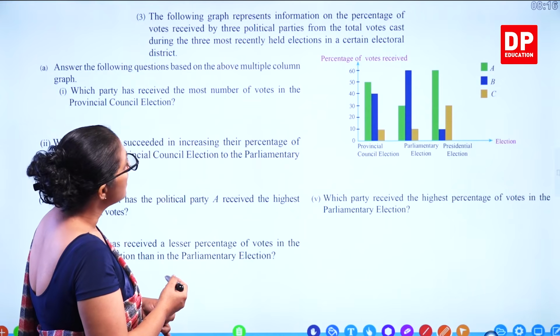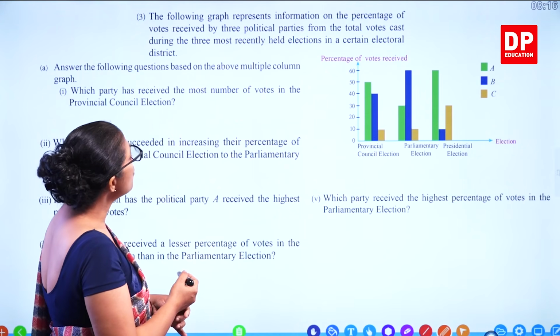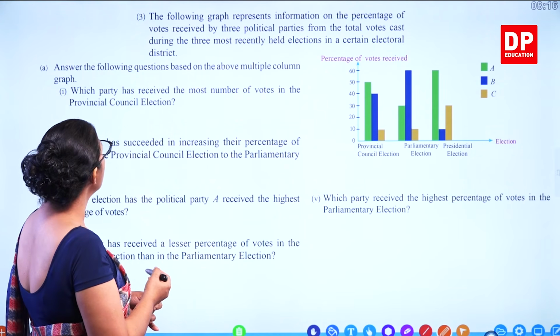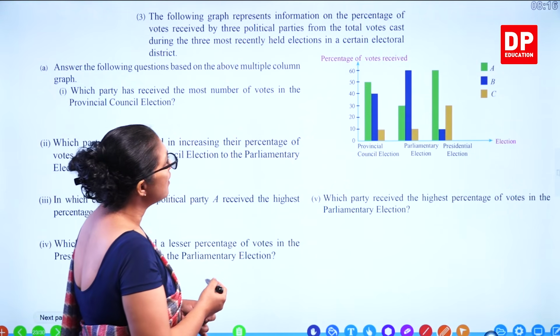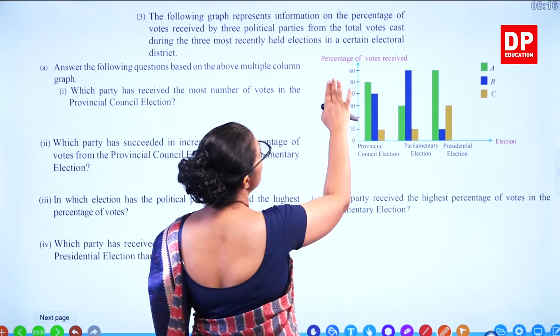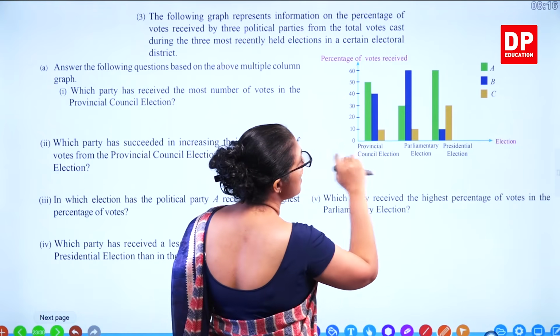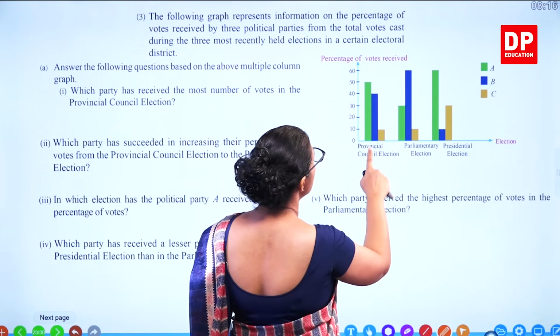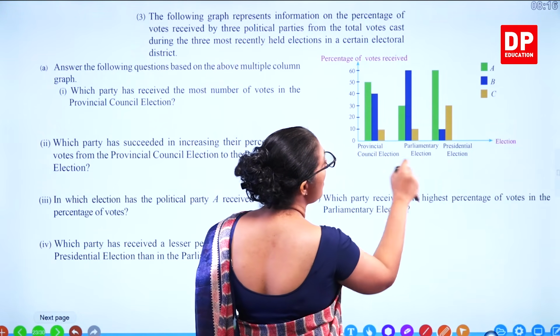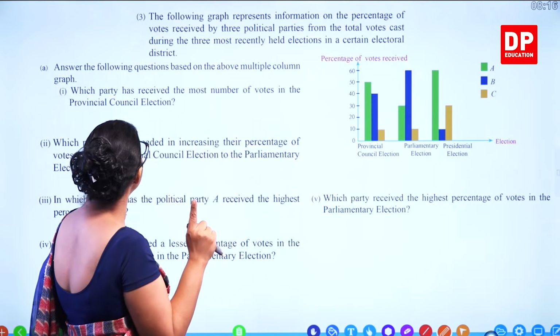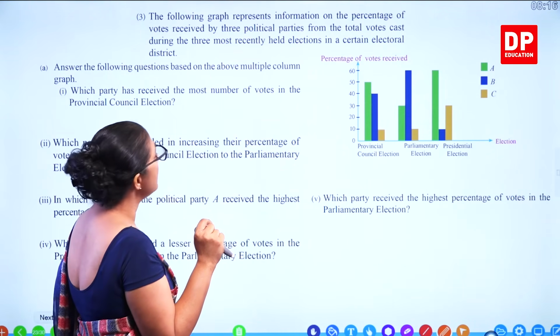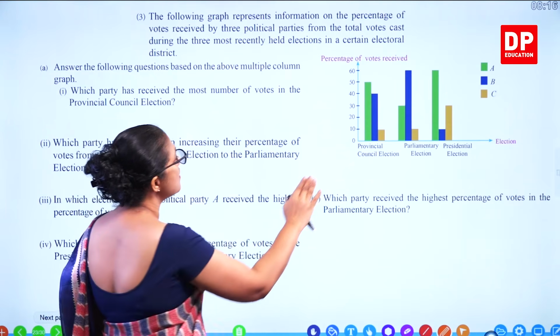Which party has received the most number of votes in the provincial council election? First identify the graph: percentage of votes received, and this is the election. This is provincial, parliamentary and presidential. So the first question is related to the provincial council election, and that's this one.